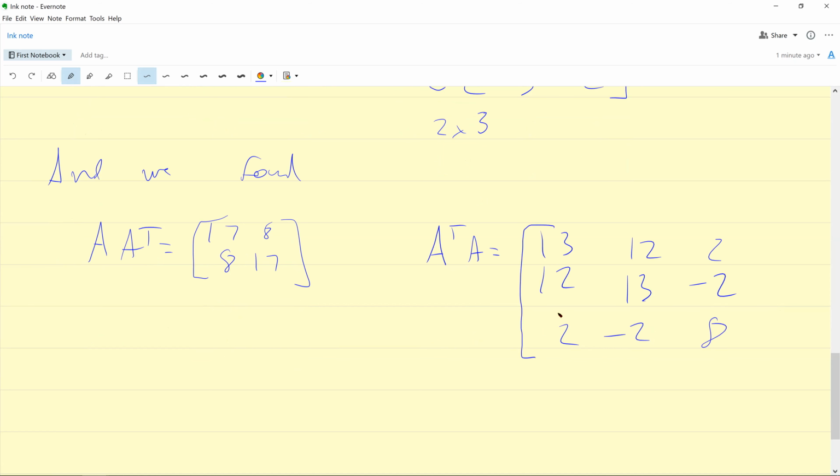And it's perfectly fine to try and find the eigenvalues of A transpose A and go through it, but it's a little bit more computationally involved. So why don't you guys try for the 2 by 2 one, and then I'll just give you the answer for A transpose A, and we can see how they relate.